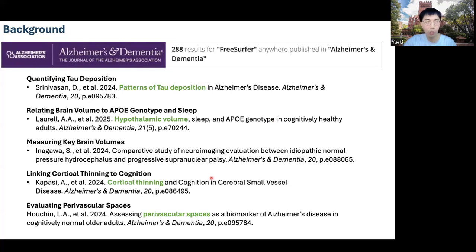And it's not limited to Alzheimer's disease. It can also focus on other neurodegenerative disorders like PSP, as well as cerebral small vessel disease. And in the last example, it can be used to extract the biomarker for the perivascular space and find the association between it and Alzheimer's disease or cognitively normal older adults.